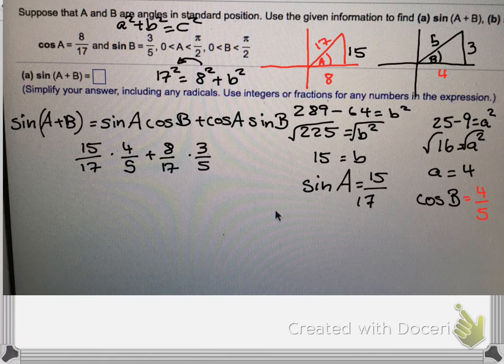We multiply 15 times 4 is 60 over 85, 17 times 5 is 85, plus 24 over 85. We add the numerators, which is 84 over 85.